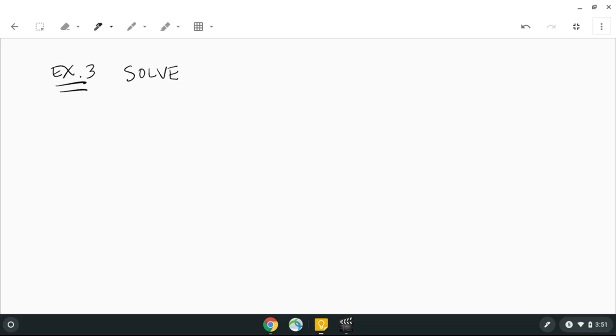All right. So let's take a look at this example here. This one is going to be an example where you use your properties to condense. So let's go ahead and solve log of x plus 8. Again, no base means base 10.